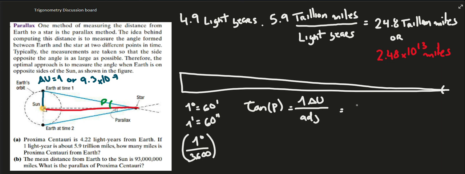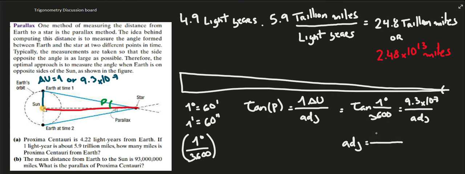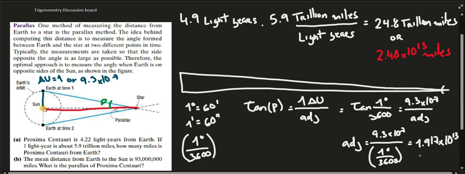So we convert, and this is equal to 1.917 times 10 to the 13th power. That's equal to 1 parsec.